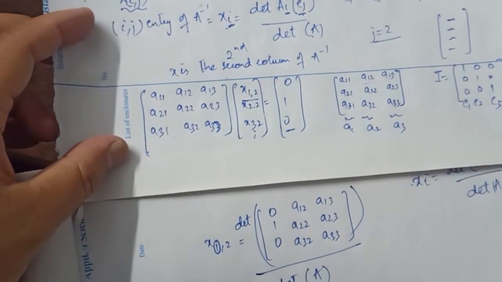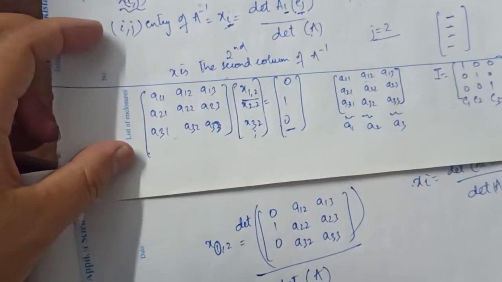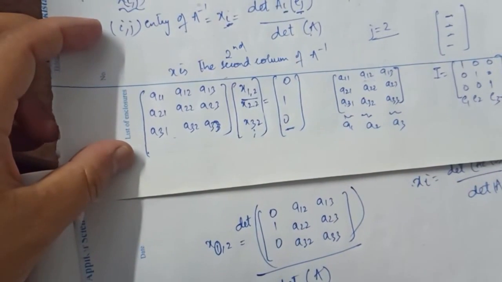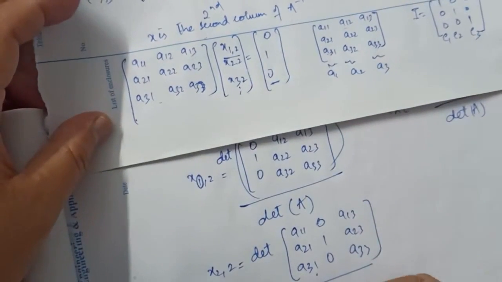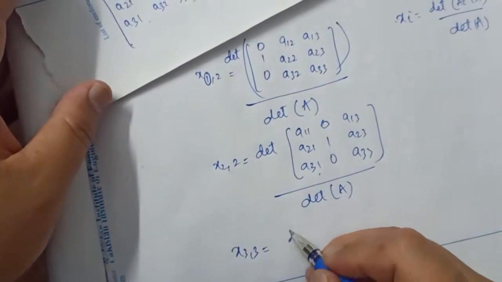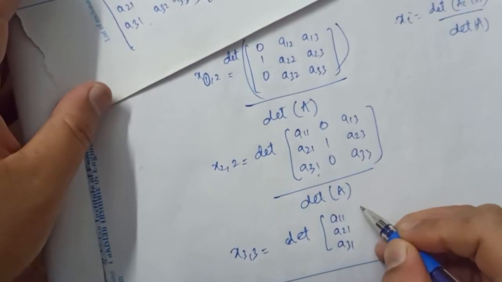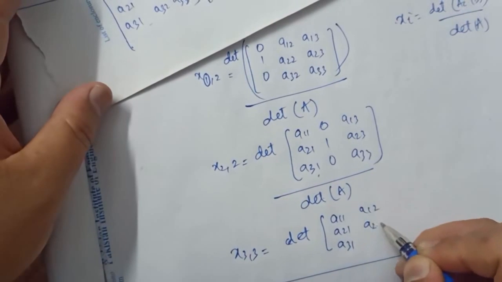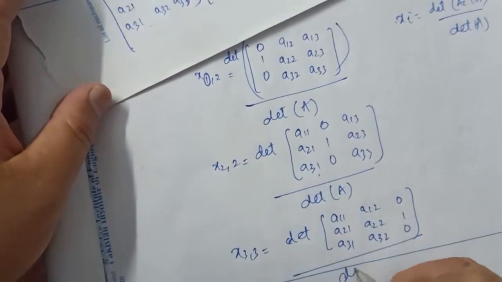If I'm trying to find x22, I replace the second column, so the determinant of a11 a21 a31, now you replace this with 0 1 0, a13 a23 a33, divided by the determinant of A. Similarly, for the third one, x32 equals the determinant of a11 a21 a31, a12 a22 a32, 0 1 and 0, divided by the determinant of A, right? So that is how you're going to proceed.